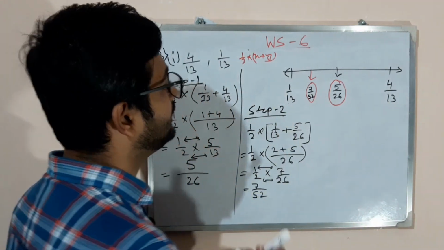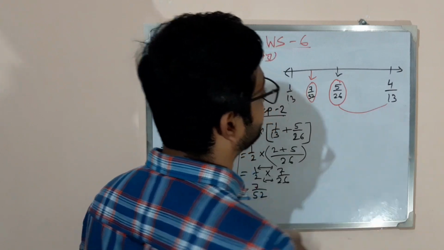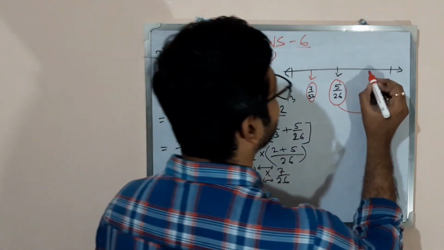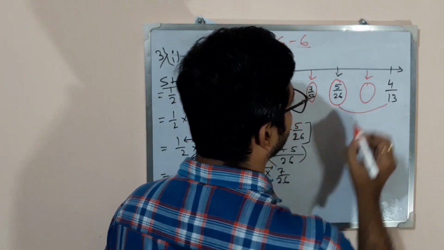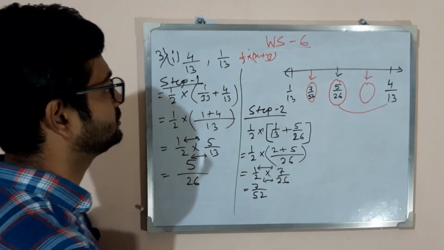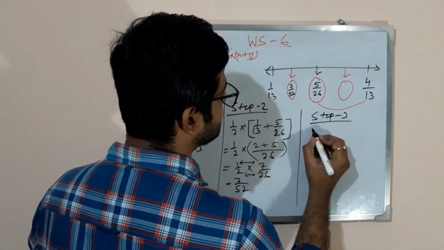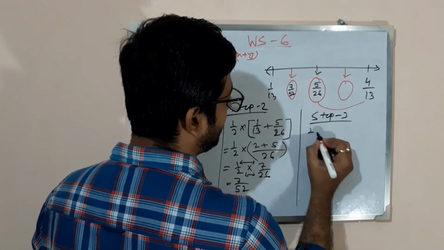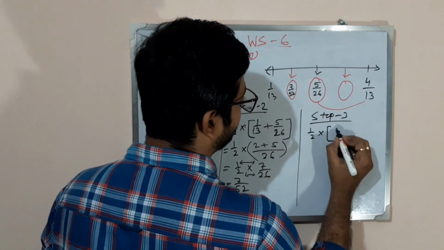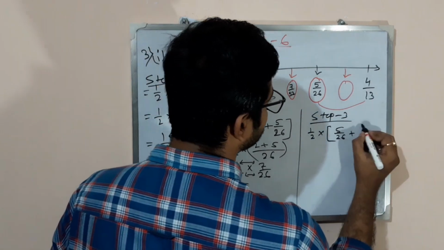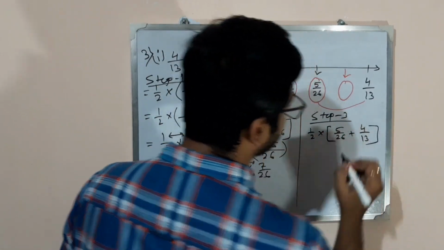Again, if we apply this to these two rational numbers, then divide by 2, you will get another rational number here. Okay, so step 3, what to do? Just take half into 5 by 26 plus 4 by 13.